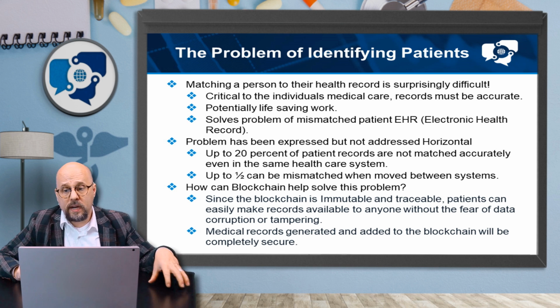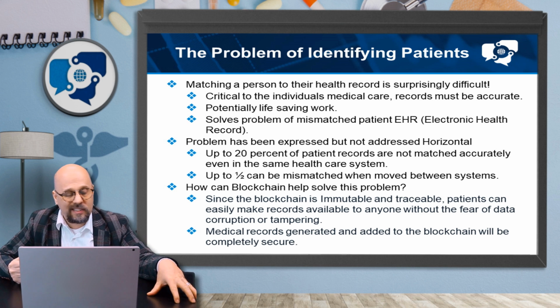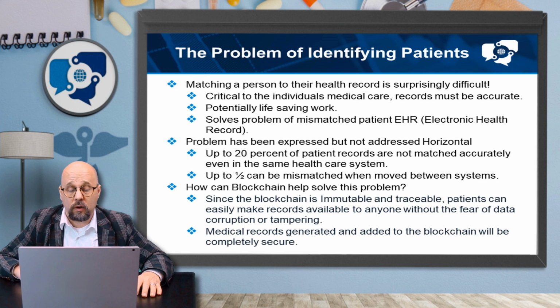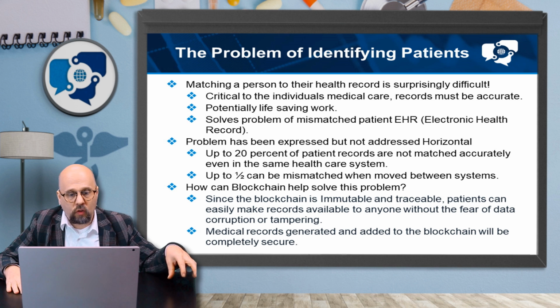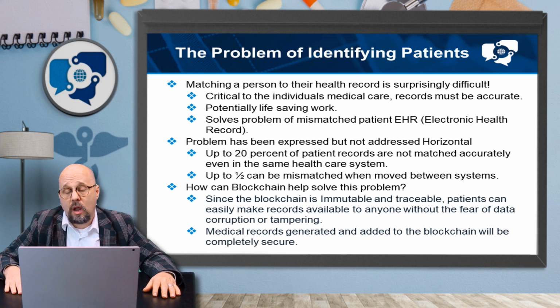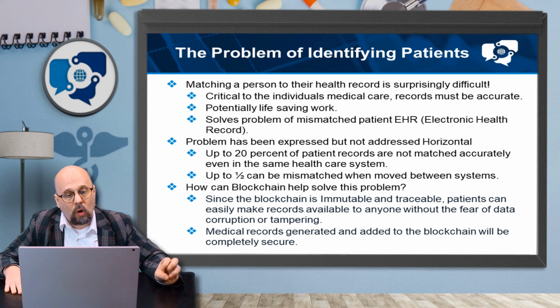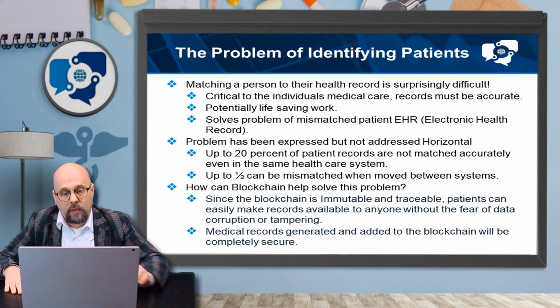Once we can do that, we can give that data back to the patient so that they can use it within whatever ecosystem they choose, a provider or whatever network they're using. Also, medical records generated and added to the blockchain are going to be completely secure. We'll talk more about hashed pointers and how we can use hash indexes to point to the data. But the data would be just as secure as it is today, or more secure.